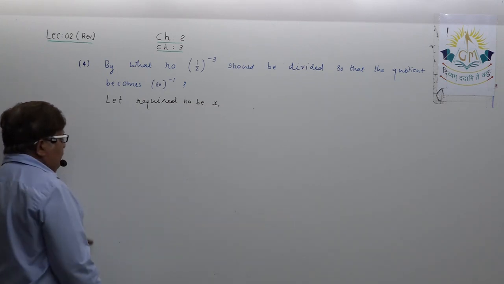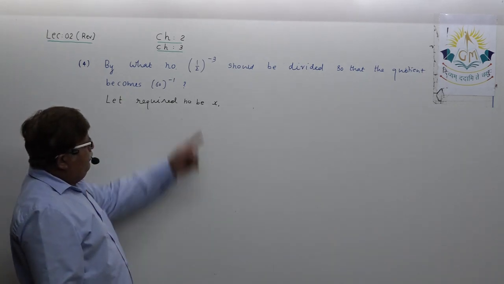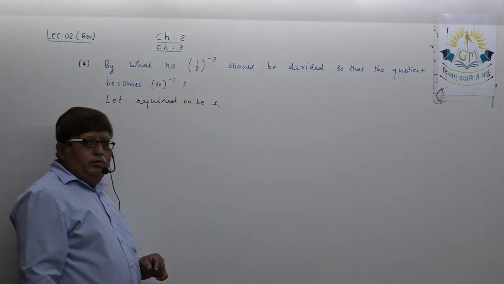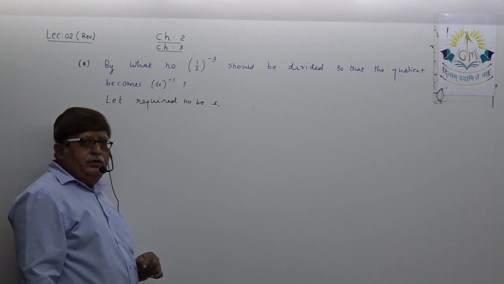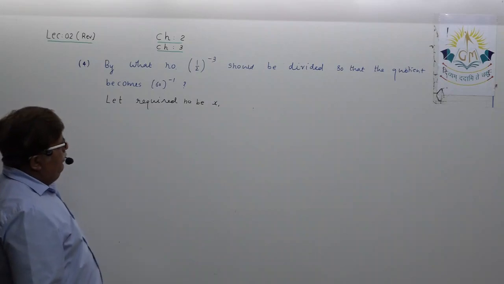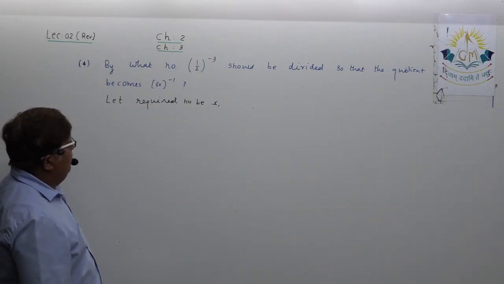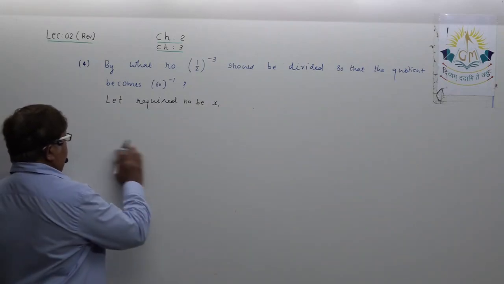Now by this unknown number x, 1 upon 2 raised to minus 3 needs to be divided so that the quotient becomes 60 raised to minus 1.